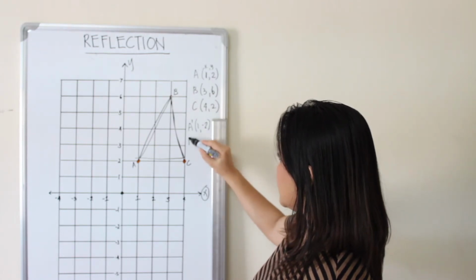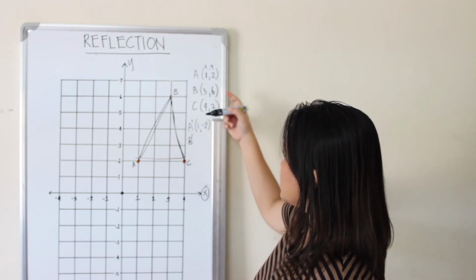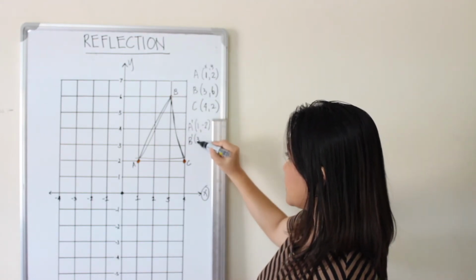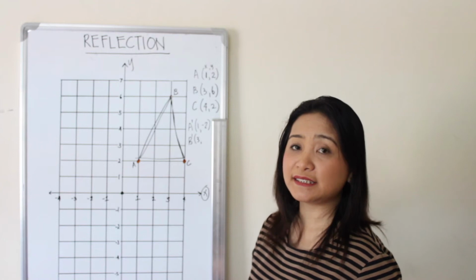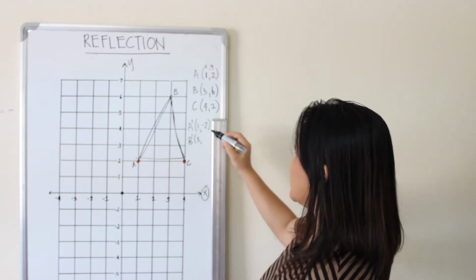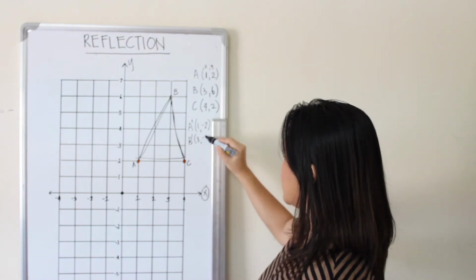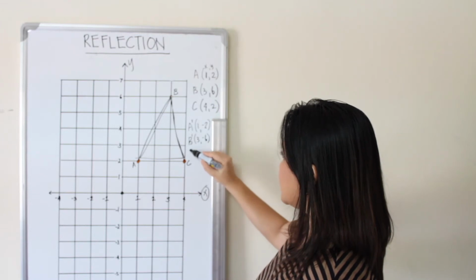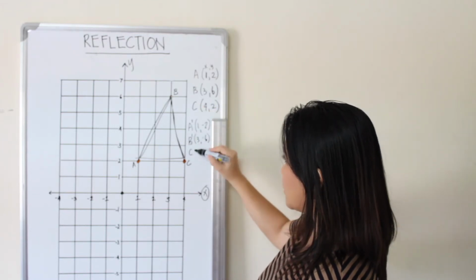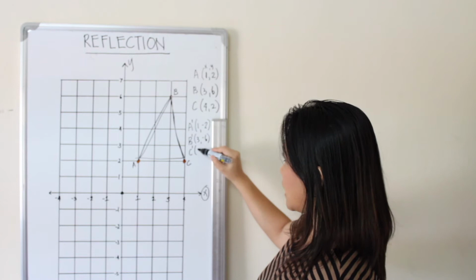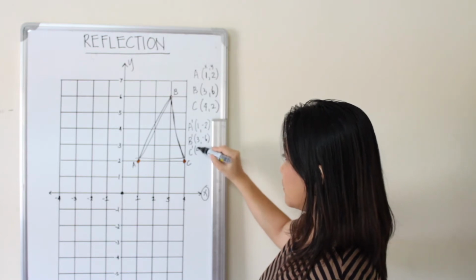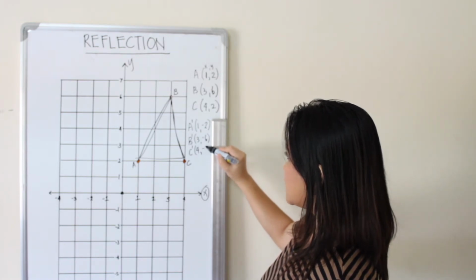What about B dash? B dash is at 3, the X stays the same, and the Y takes the opposite, negative 6. What about C dash, the image? 4, negative 2.